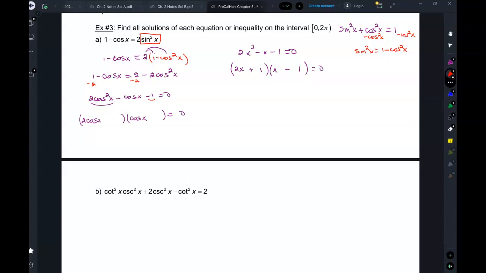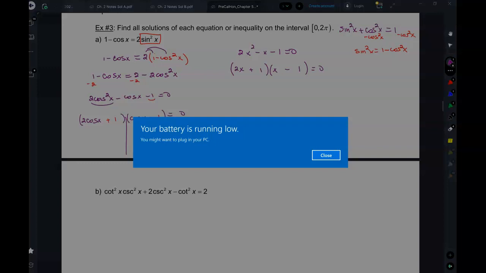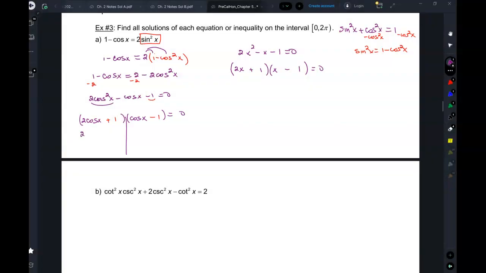It's either plus 1 minus 1, or minus 1 plus 1. So in this case, it's going to be plus 1 minus 1. Now, do I have two things that equal 0 after they're being multiplied? Set each one equal to 0. So, 2 cosine x plus 1 equal to 0. Cosine x minus 1 equal to 0.